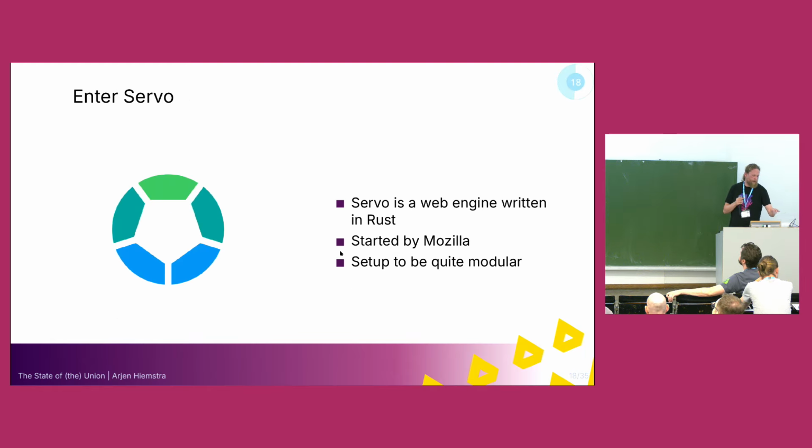Well, luckily, there is one project that kind of stands out from the rest, which is called Servo. Servo is a Rust-based web engine created by Mozilla, I think originally to replace Firefox's rendering engine. That never happened, but still, the project is there. And one of the advantages of Servo is that it's designed in a fairly modular way.